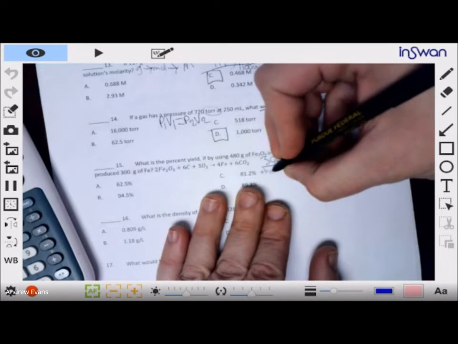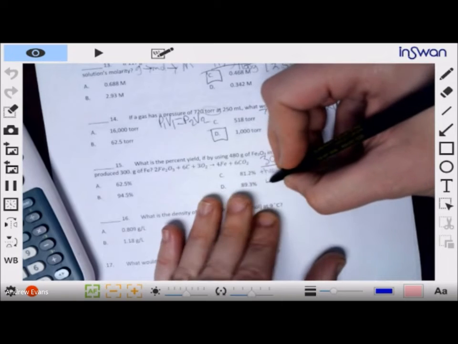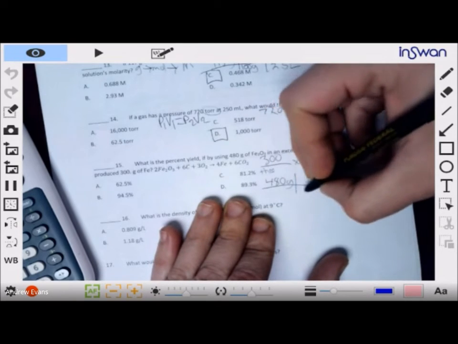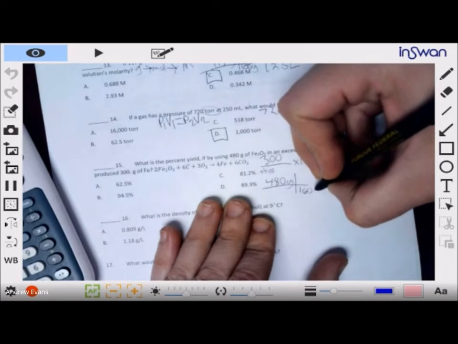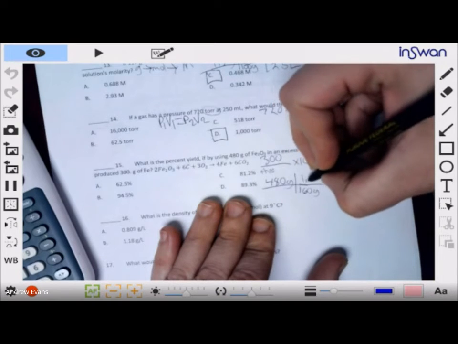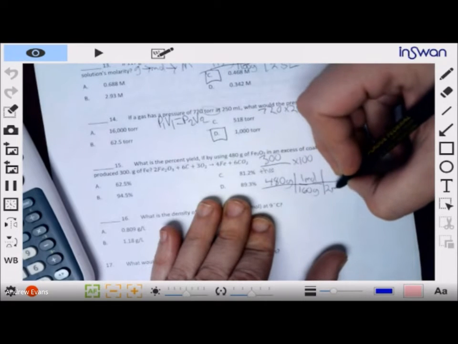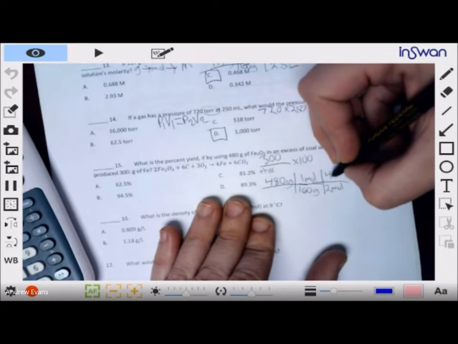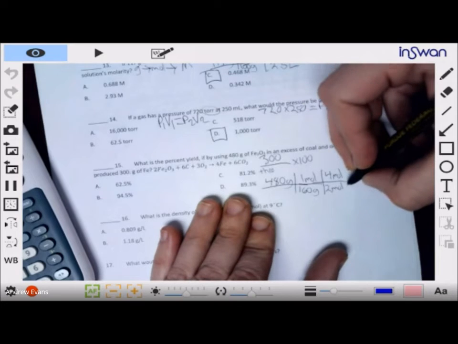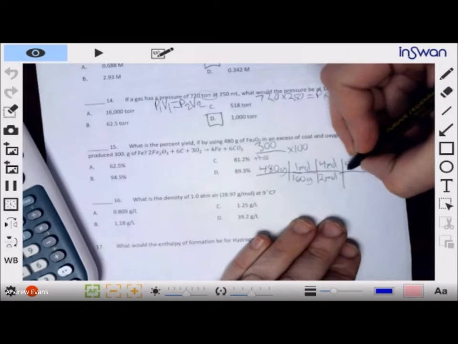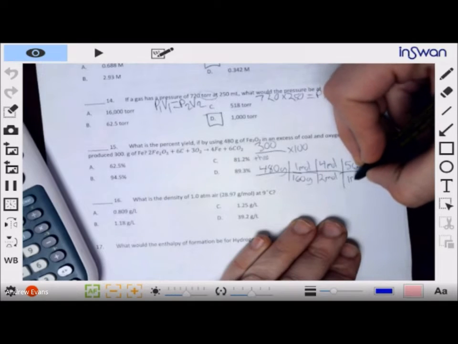Well, this one I actually gave in class, though I doubt many of you remember. 480 grams iron oxide. Iron oxide weighs about 160 grams in 1 mole. For every 2 moles of iron oxide, we produce 4 moles of iron. And iron is about 56 grams in 1 mole.